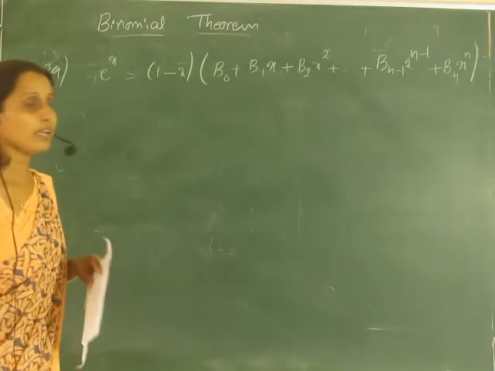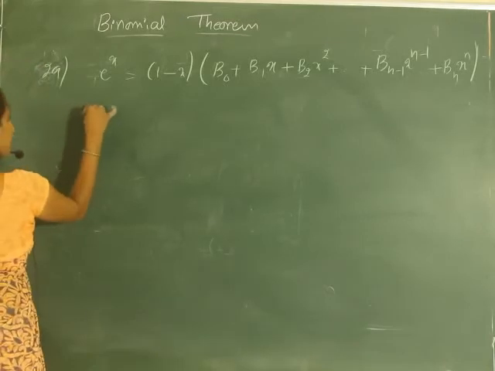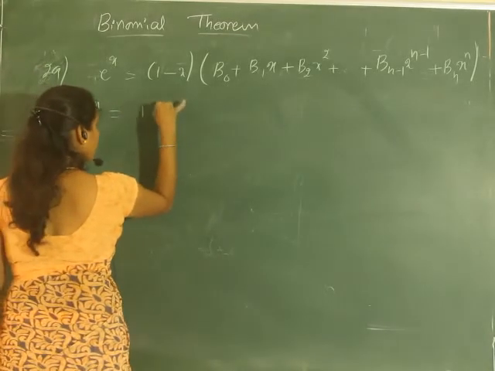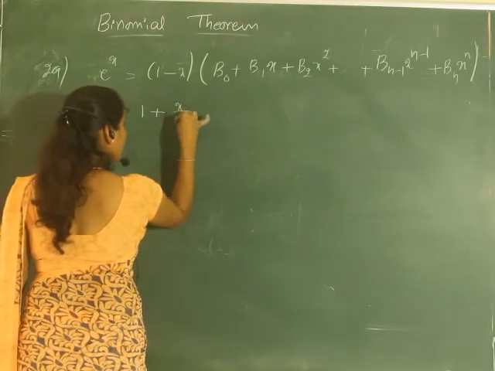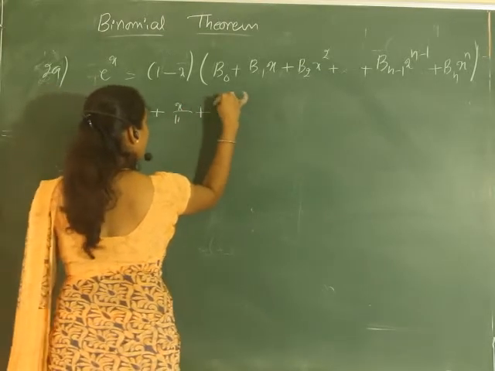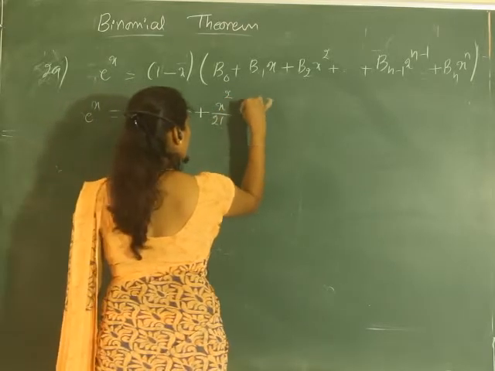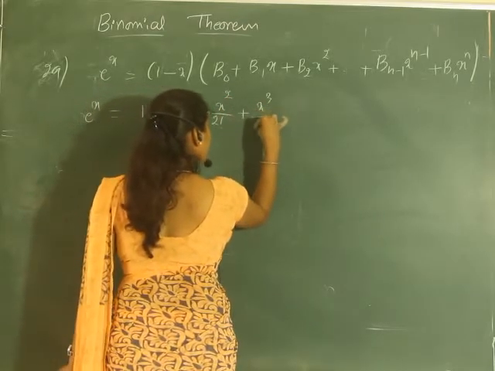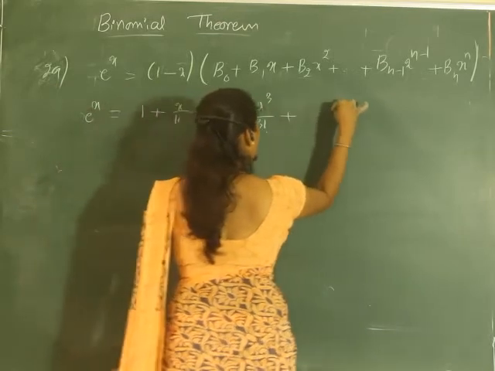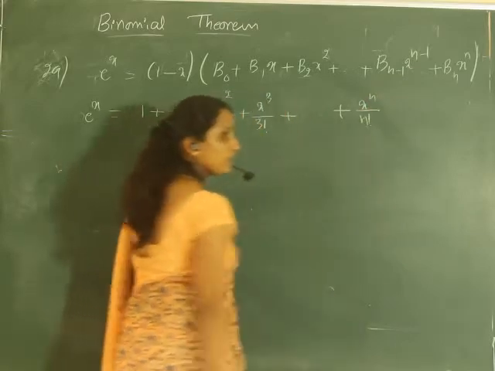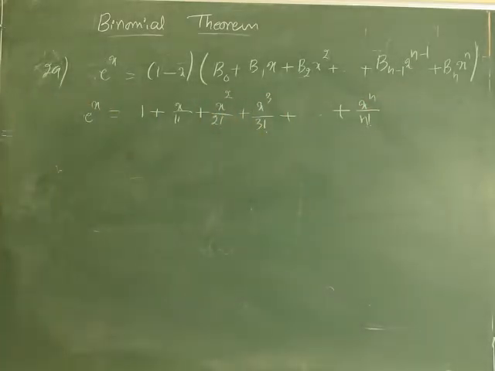Then also we know that e power x is 1 plus x by 1 factorial plus x square by 2 factorial plus x cube by 3 factorial, and so on, up to x power n by n factorial.